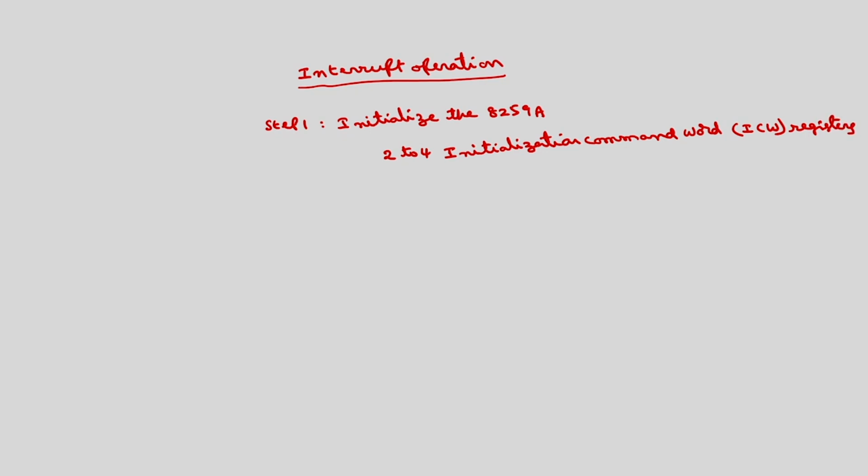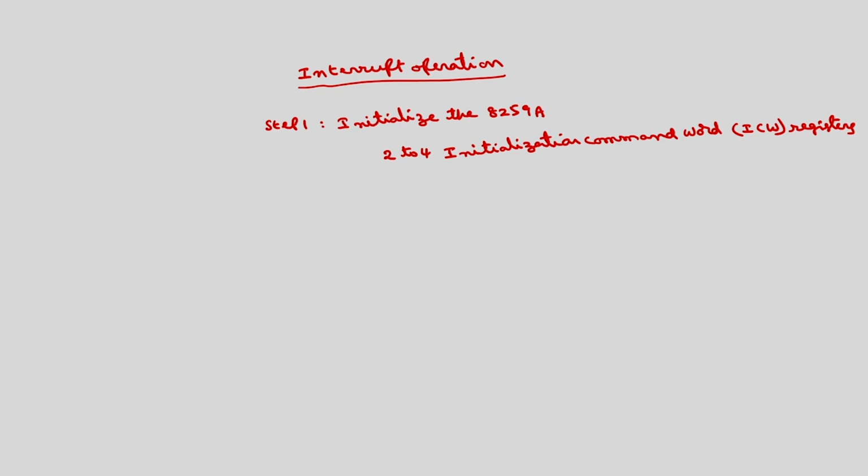Two registers are a must, and ICW 3 and ICW 4 depend upon the application. We can choose ICW 3 and ICW 4. I will discuss this format after discussing this interrupt operation procedure. So, the first step is you have to initialize using these initialization command word registers.